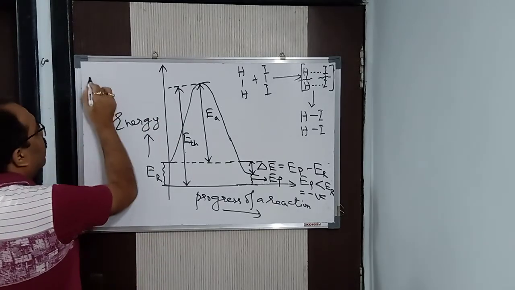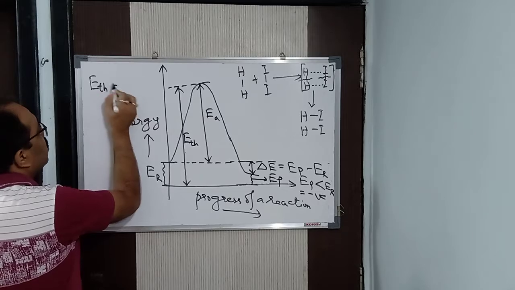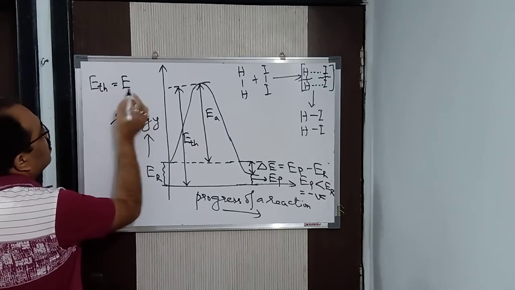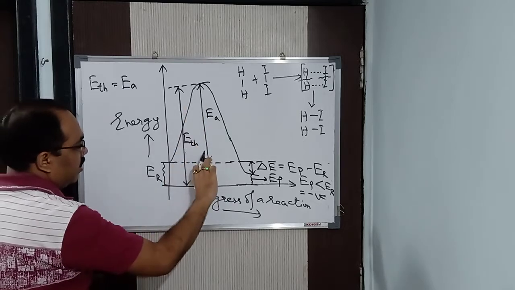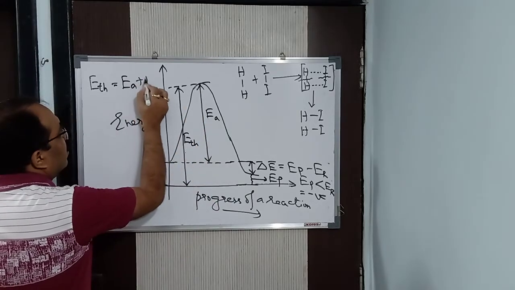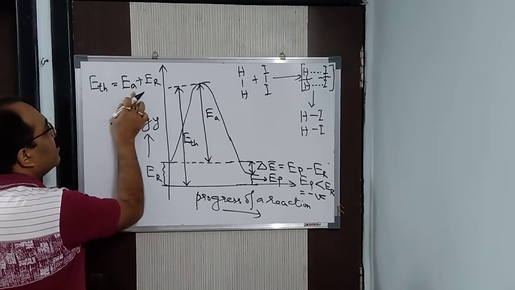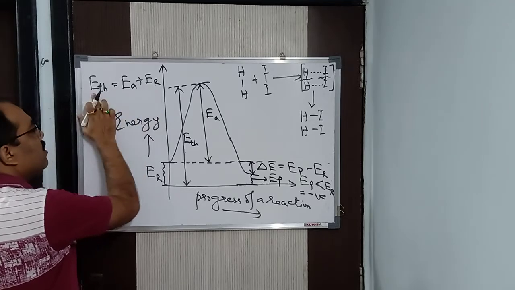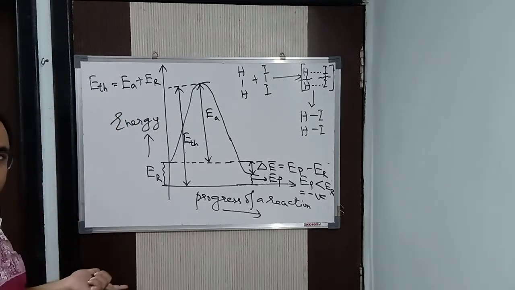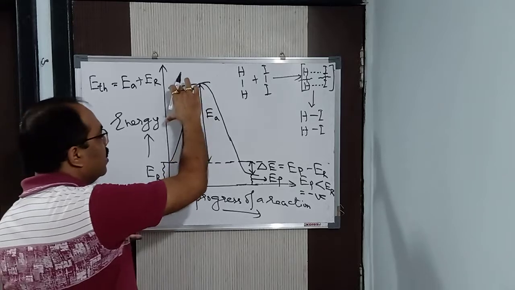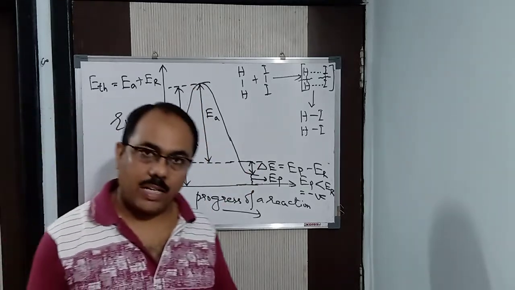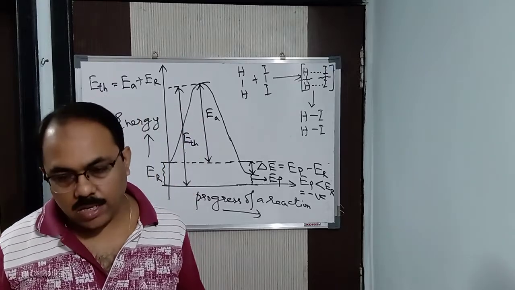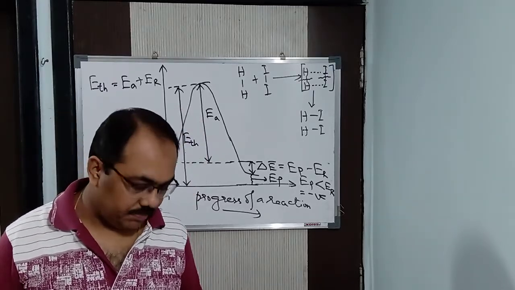Then the formula: ETH is equal to EA plus ER, or activation energy is threshold energy minus energy of the reactant. In this way, we come to know what is activation energy, what is threshold energy, what is temperature coefficient.